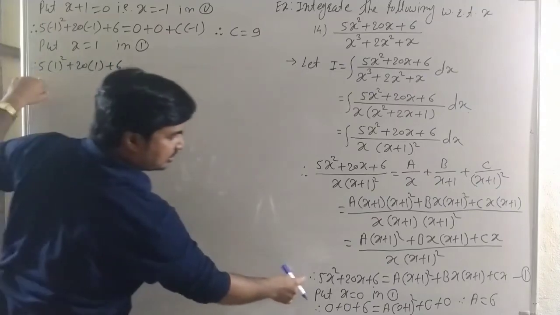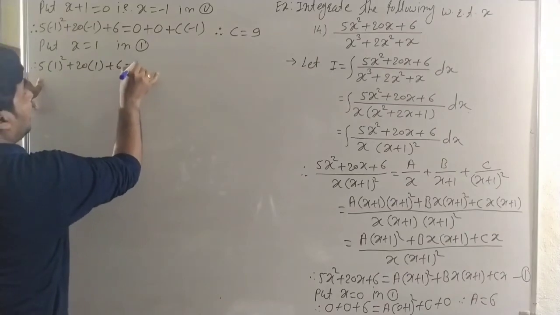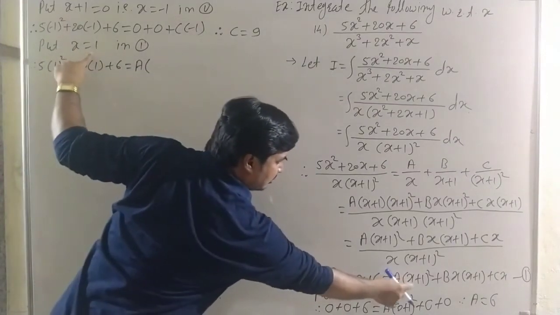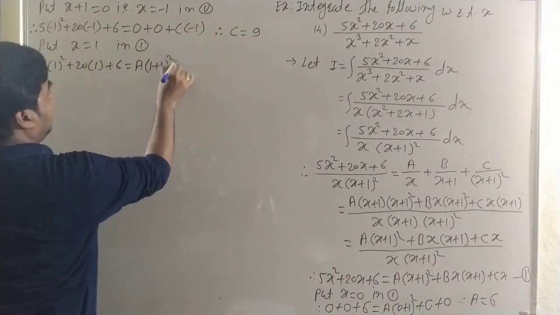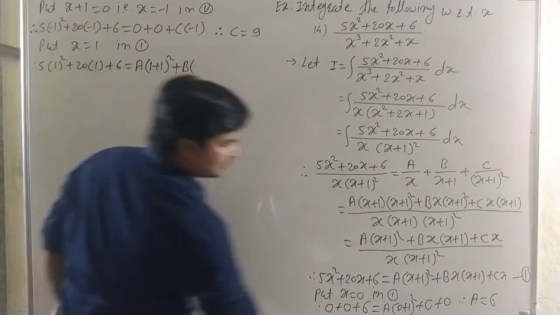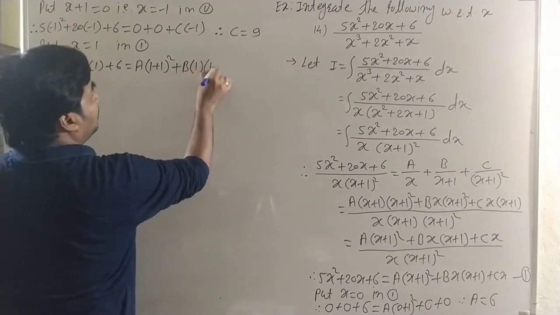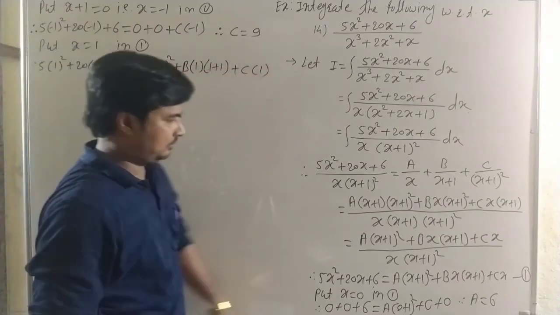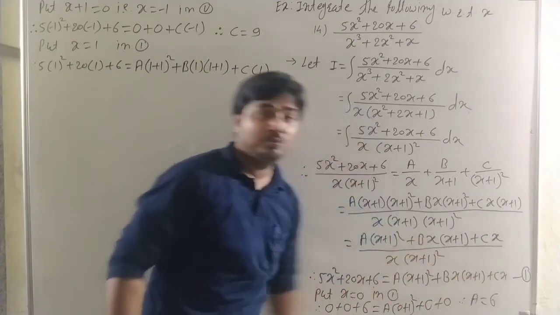Okay. 5x squared plus 20x plus 6 is equal to a into, here we put x equal to 1, therefore it is 1 plus 1 squared, plus b into 1 into 1 plus 1, and plus c into 1.